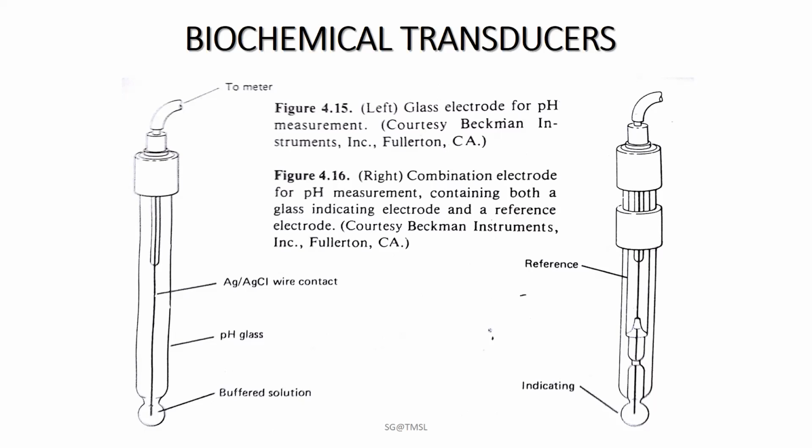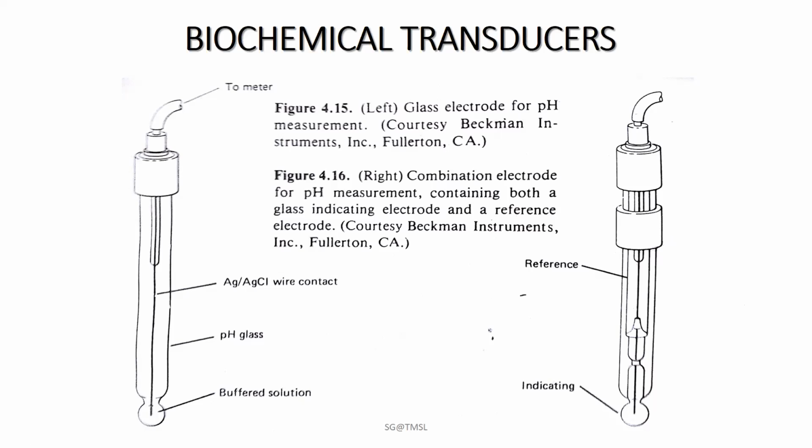For pH measurement, this glass electrode with the silver chloride inside the bulb is considered one half cell, while the calomel reference electrode constitutes the other half cell. So here is the combination of both a glass indicating electrode and a reference electrode. Both the pH glass electrode and the reference electrode have been introduced in this diagram.